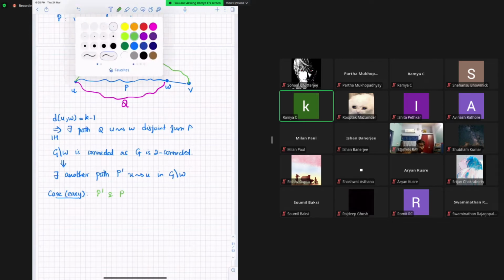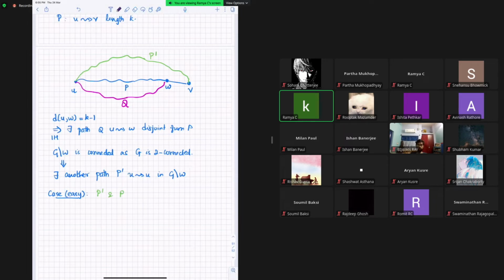Now I will use a different color to get to a harder case. Suppose P prime intersects either P or Q, but not both. So it's like this. This is possible.